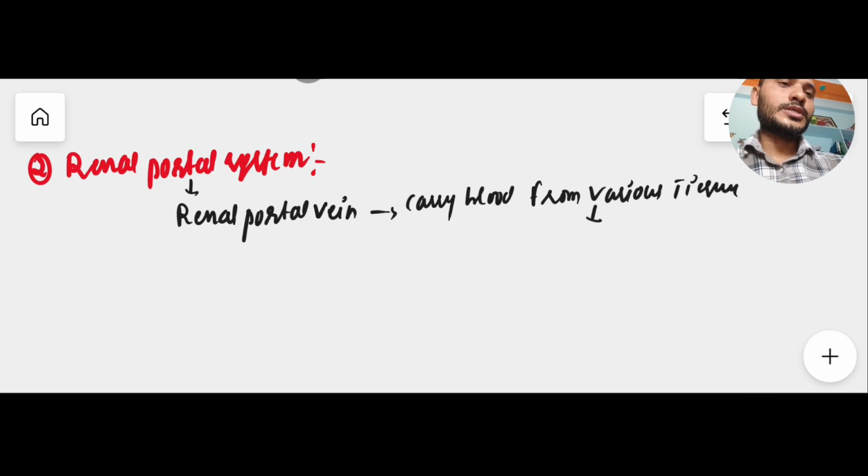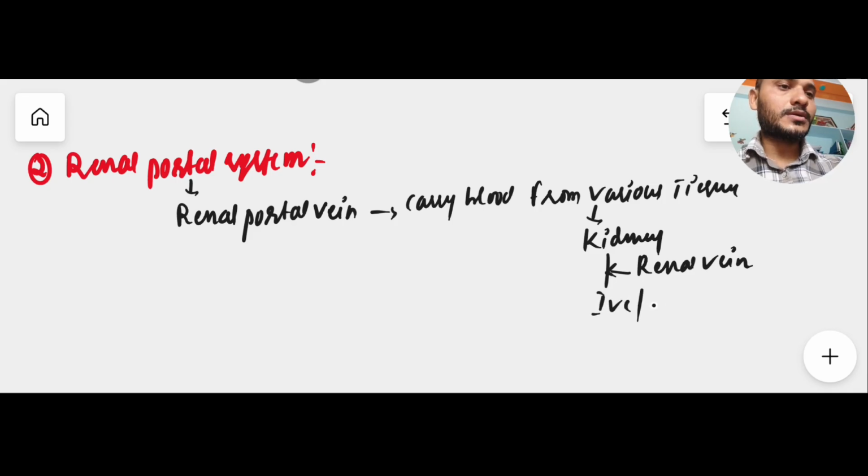Then it gives the blood to the kidney, and from the kidney through the renal vein, it goes to the inferior vena cava. Here the inferior vena cava is nothing but a blood vessel of the heart, or simply we can say the heart.